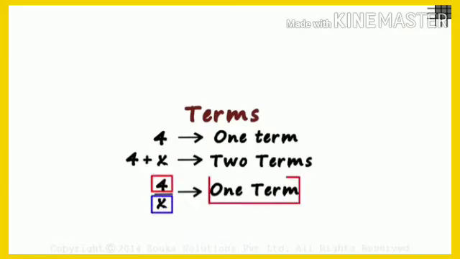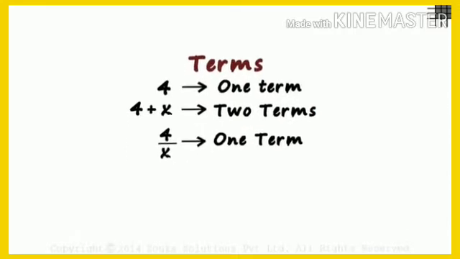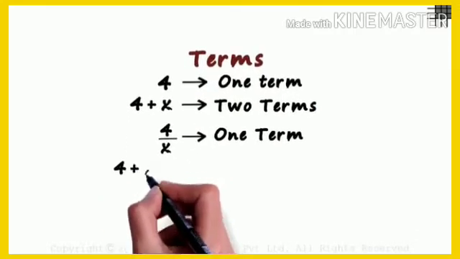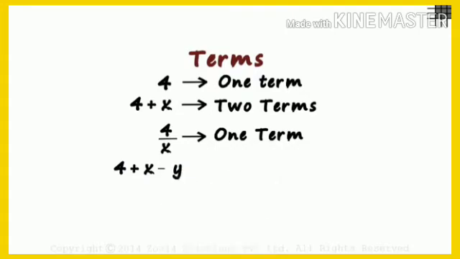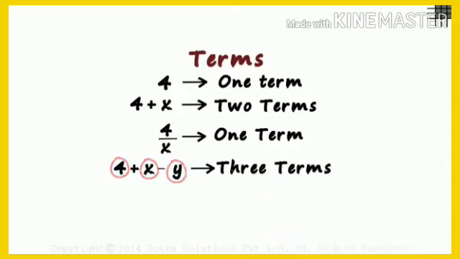When division comes, it is taken as one term. So only plus and minus separate terms. Division means only one term. Now 4 plus x minus y. You see plus and minus are coming. So there are totally 3 terms.